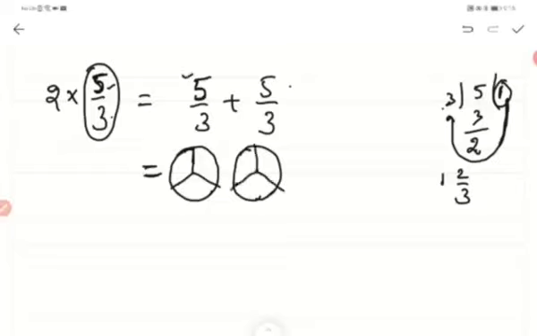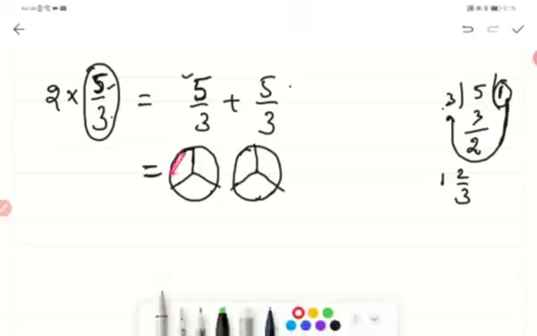So 1 is the meshed part, totally. You need to mesh 5 parts, right? This is 1, 2, shaded parts will be 5. This is 3, isn't it? And this is 4, and one more, I'll take this 5. So this total 5 by 3 is represented like this.